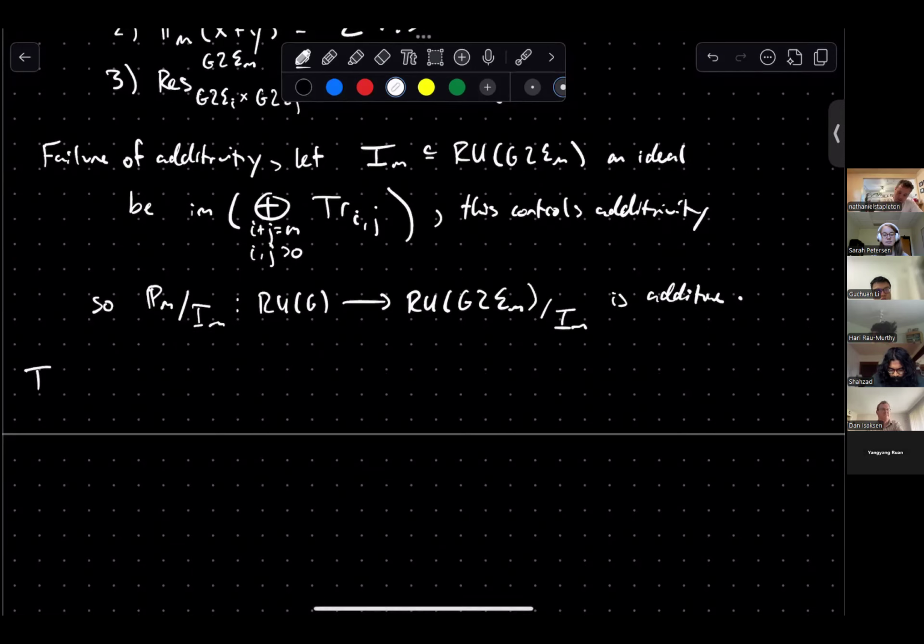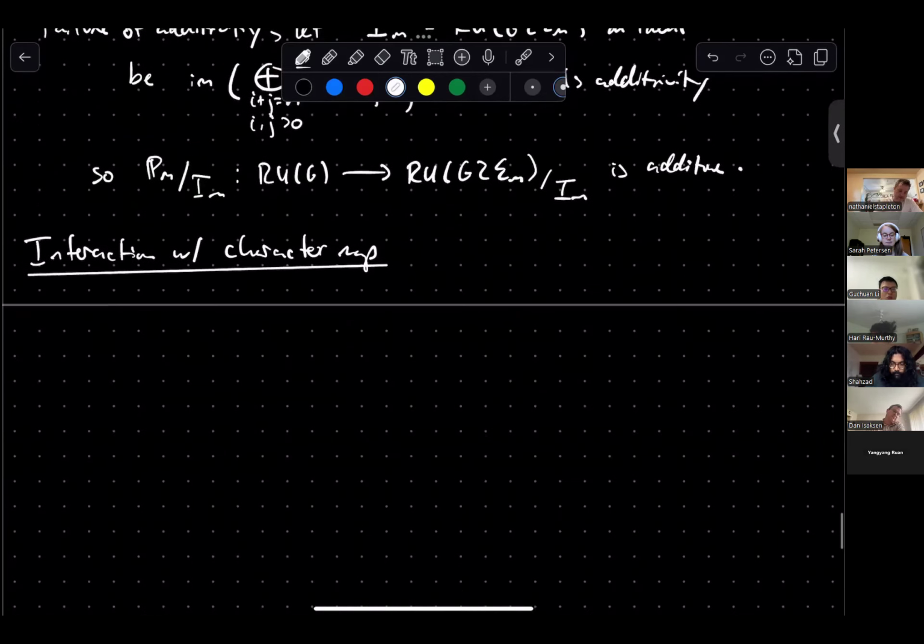So, interaction with character map. And for this, I need a new ingredient, which only showed up a little bit before.